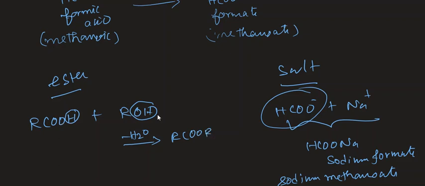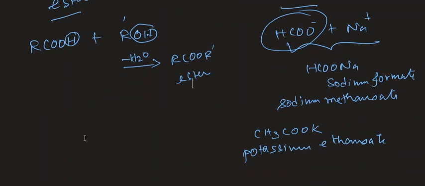In order to distinguish this R' from the R of the carboxylic acid, you can put a prime. So this is from the alcohol and this is from the acid. This is known as ester. The ester general formula is RCOOR'.